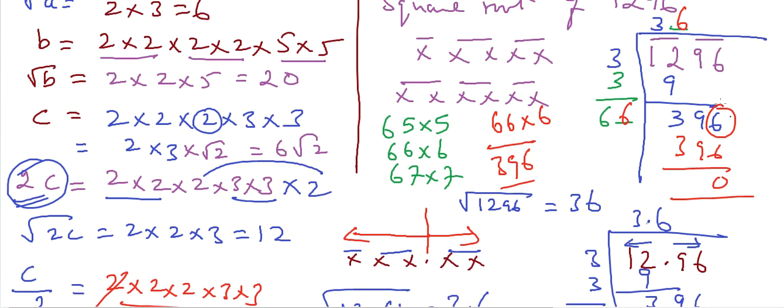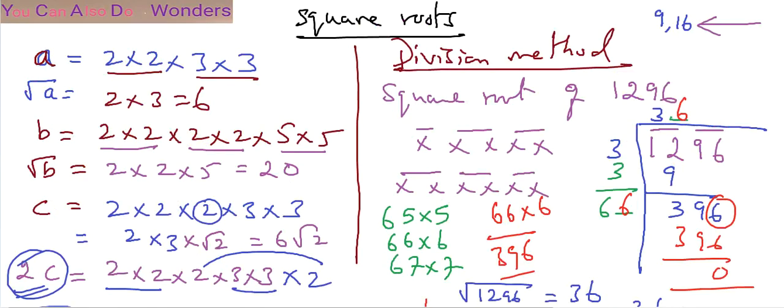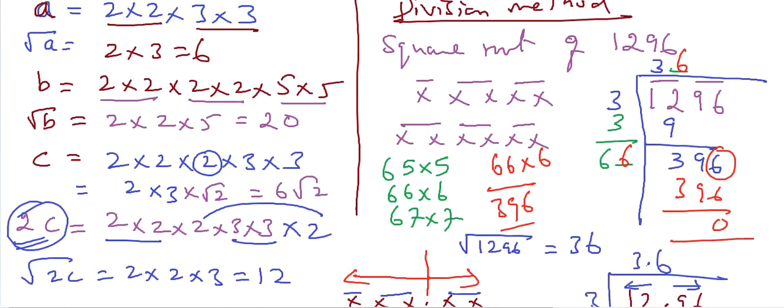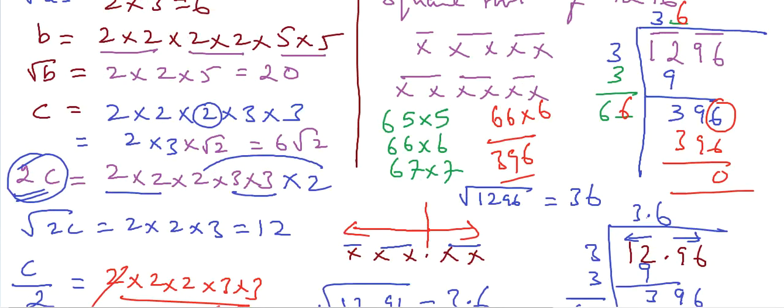Now the square root of 1296 is 36, isn't it? That means 1296 is a square number. Suppose we take the number 1290.